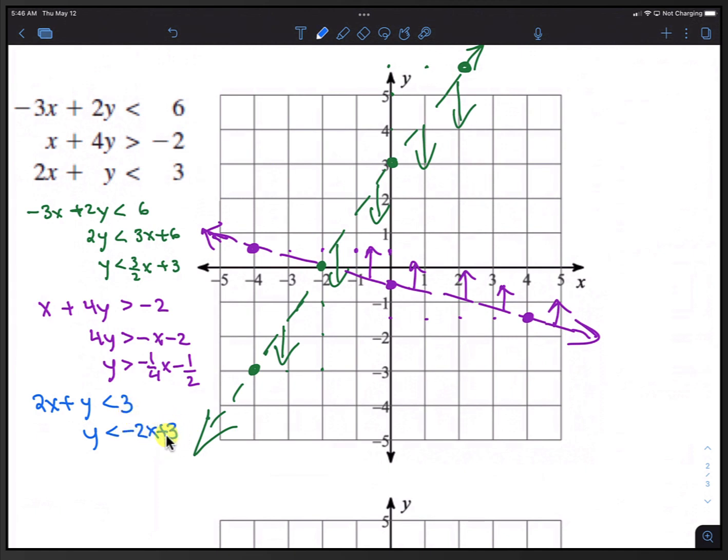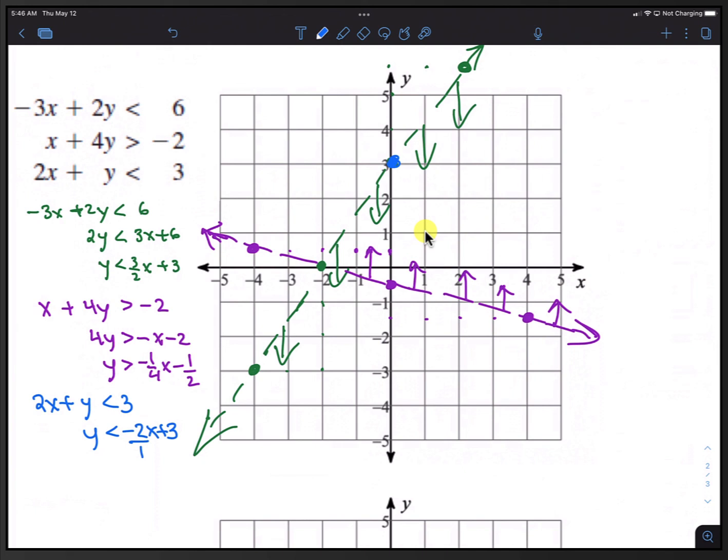All right, my y-intercept is going to be at 3. And then my slope is negative 2, which of course is the same thing as negative 2 over 1. So we'll start at 3 as our y-intercept, which is right here. And then the slope is negative 2 over 1, so we're going to go down 2 and over 1.